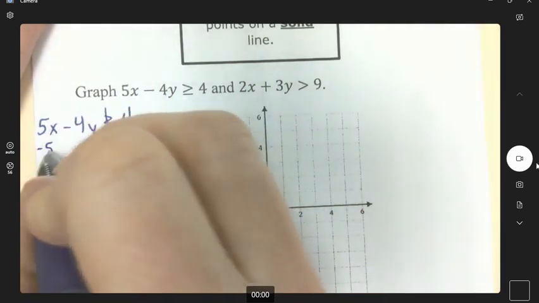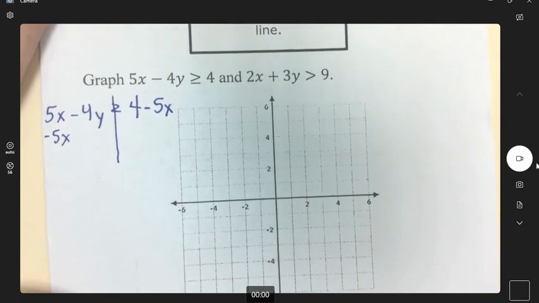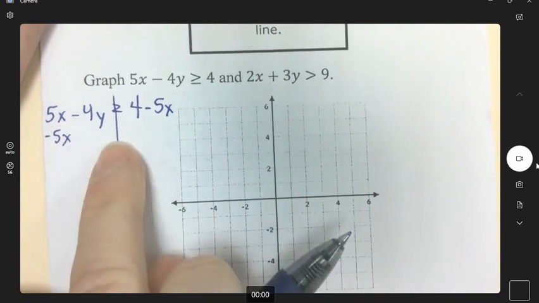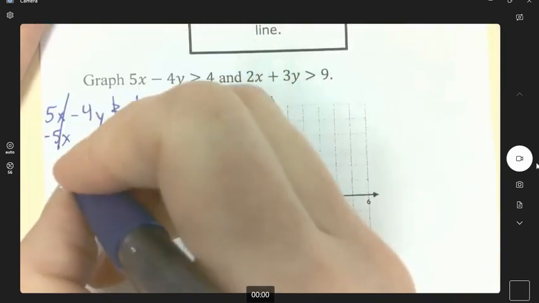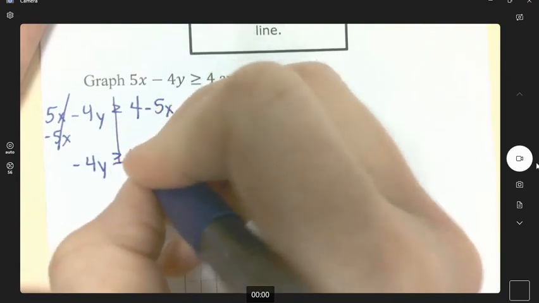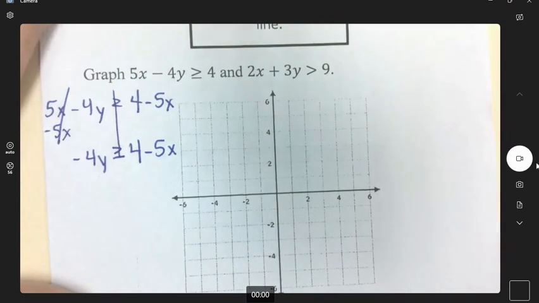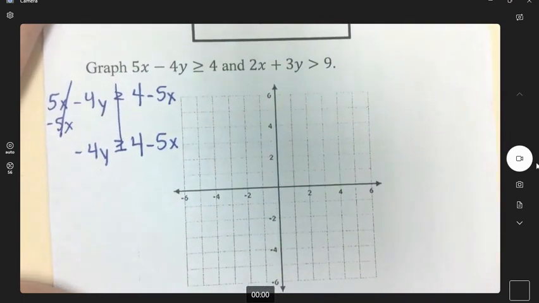So we're going to subtract the 5x on both sides. The 5x being subtracted on this side is going to cancel, and we get negative 4y is greater than or equal to 4 minus 5x. I'm not going to rearrange or simplify anything, just going to keep it like that.